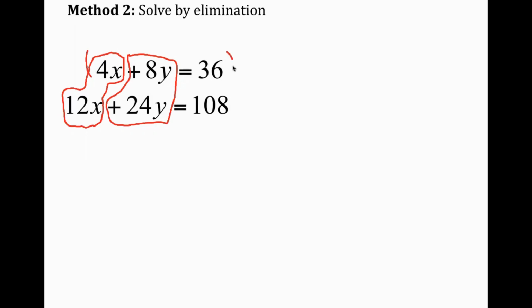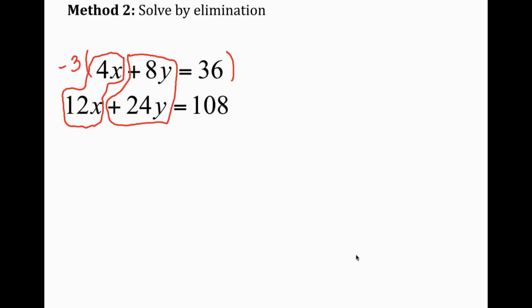And also, one of your values has to be negative and the other has to be positive in order for them to cancel. So if you were to try to eliminate these terms, 4x and 12x, you would multiply the entire equation by -3. Now that's just an example.